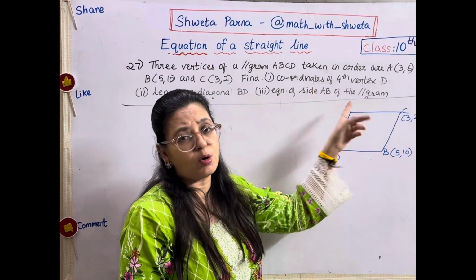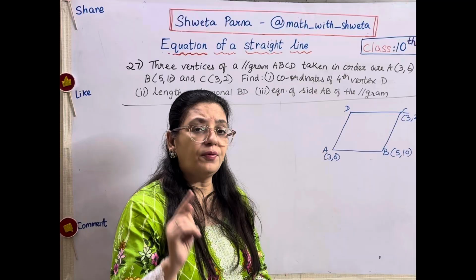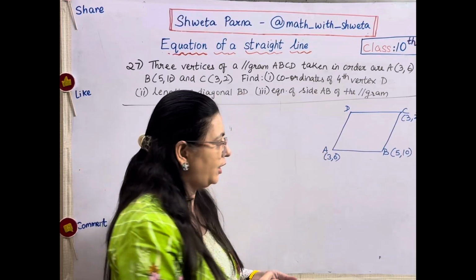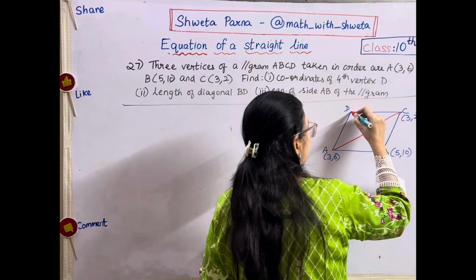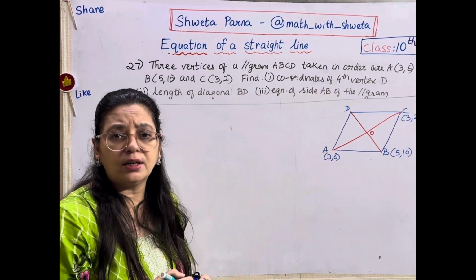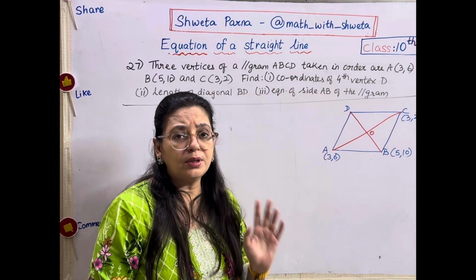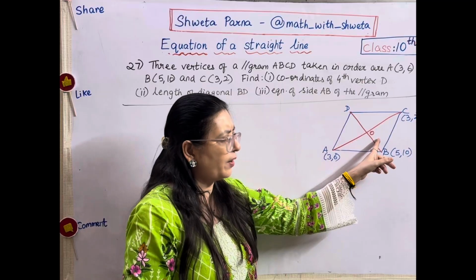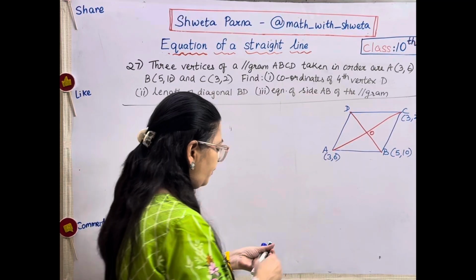But here the coordinates are not given, so we use the property that the diagonals of a parallelogram bisect each other. Say for example, this is one diagonal, this is another diagonal. They bisect each other. That means O becomes the midpoint of both the diagonals. So first you will find the coordinates of O. How will you find the coordinates of O?